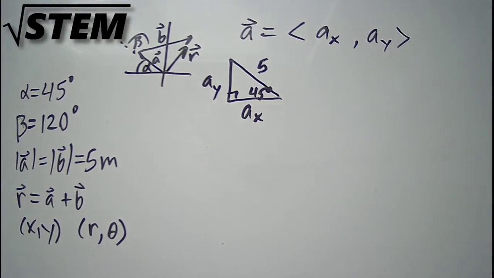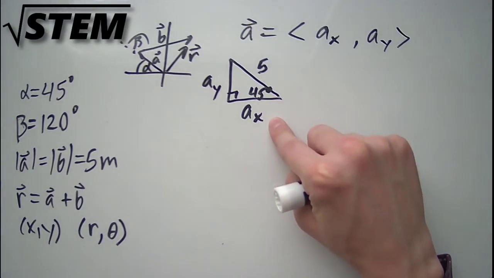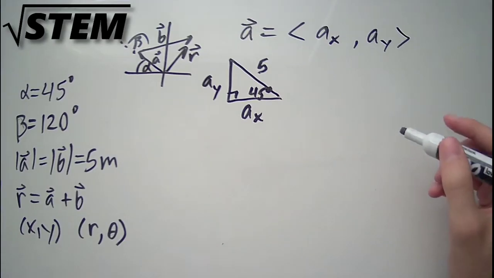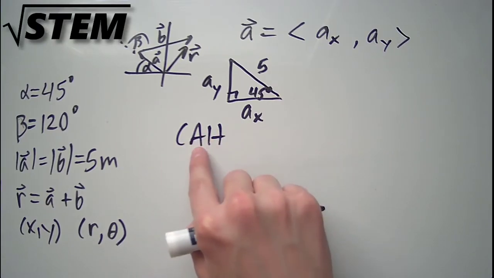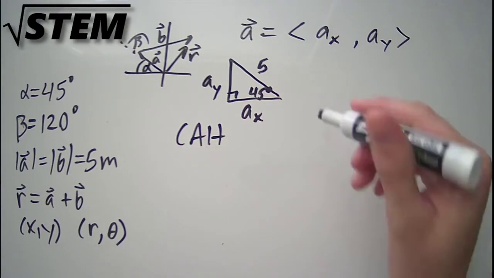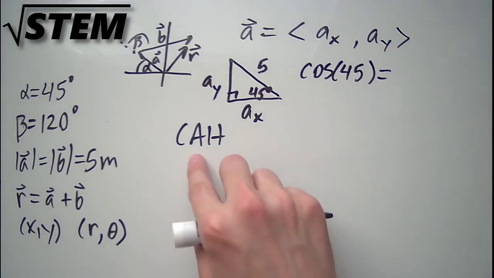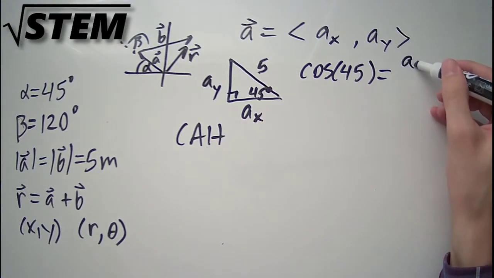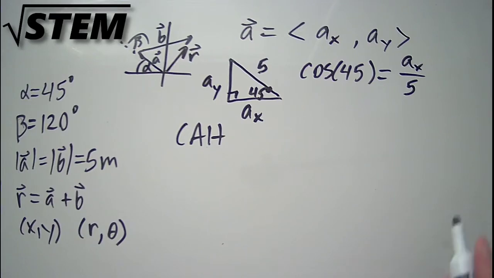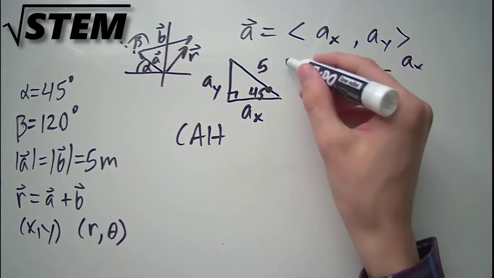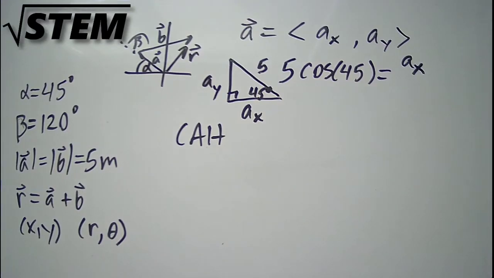So, let's use some trigonometry. If we want to get the side adjacent to our angle, remember from SOHCAHTOA, cosine will relate the adjacent side to the hypotenuse. So that tells us cosine of 45 equals the adjacent side, Ax, over the hypotenuse of 5. Then we can just multiply by 5 on both sides to get that Ax equals 5 times the cosine of 45.